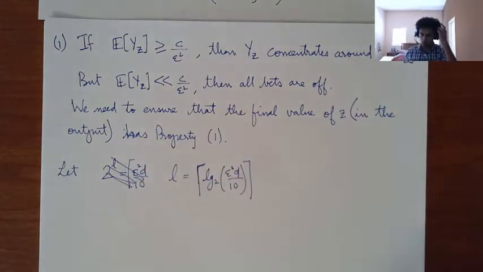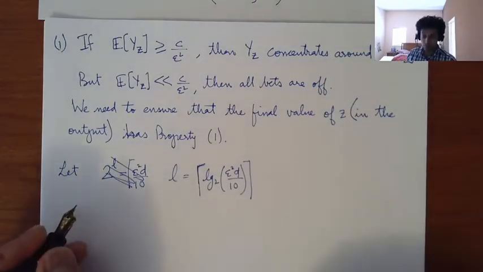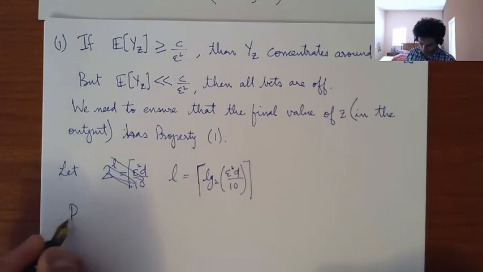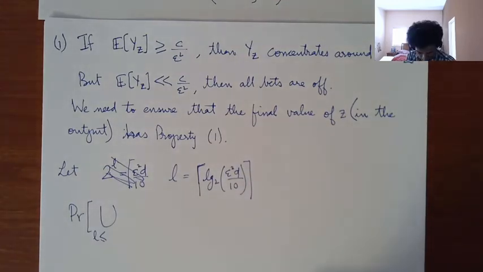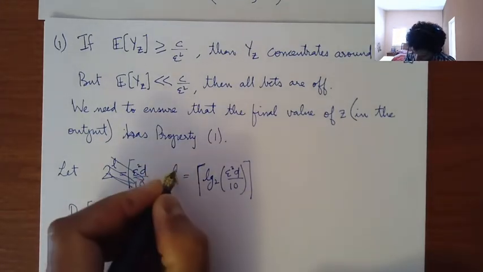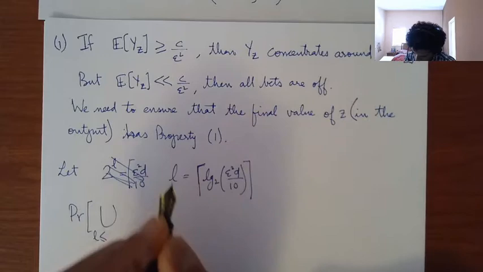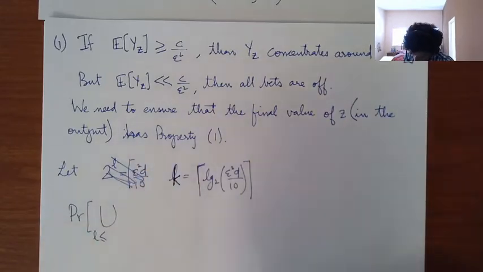What I will want to show is the probability over the union of L at most, sorry, let me give this a different name. I don't think I've used k as of yet, so I'll call this k.